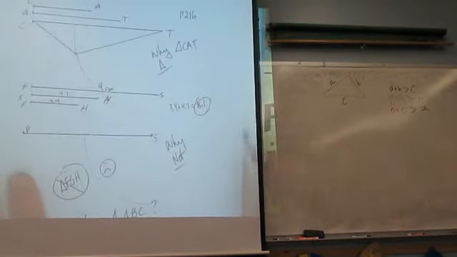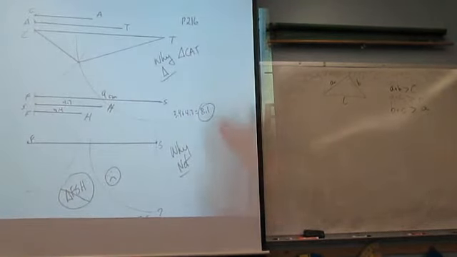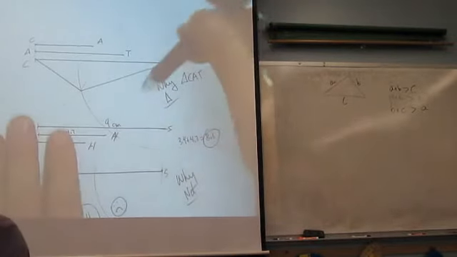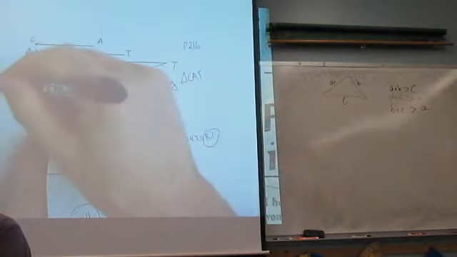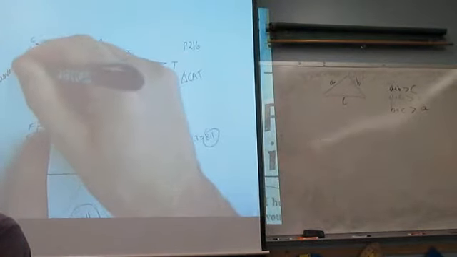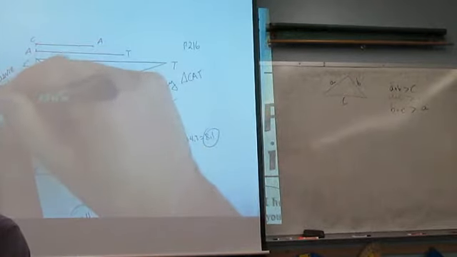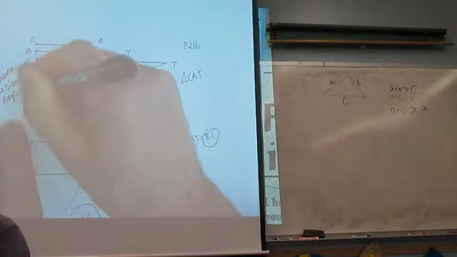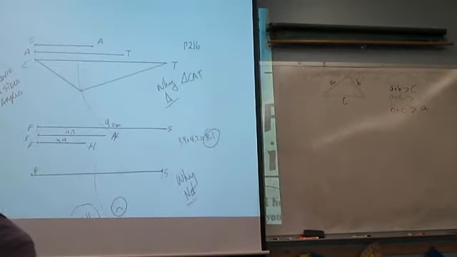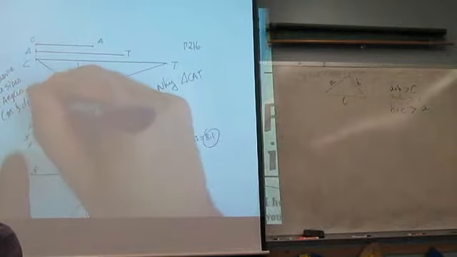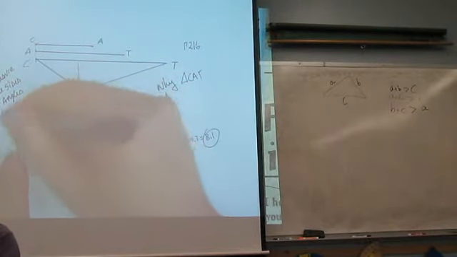All right, let's go ahead and take this triangle that you have constructed, CAT, and what I need you to do is measure the sides and angles. So go ahead and measure the sides and angles. Do it in centimeters and degrees. Okay?